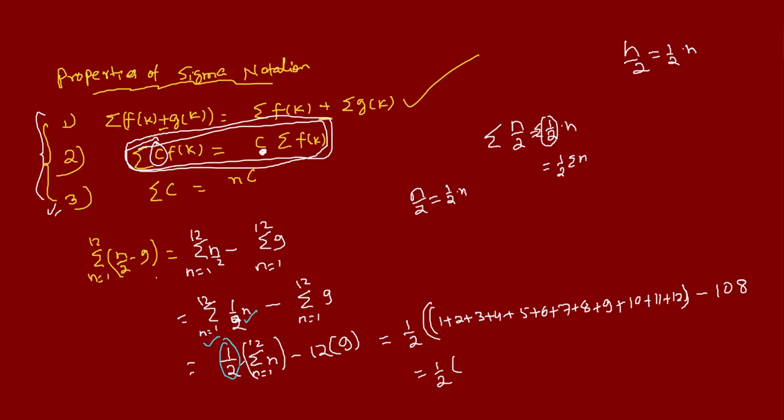You cannot put directly 6. First you will put 1, then plus 2, then plus 3, then plus 4 up to 12, okay? Because n is changing from 1 to 12. So you cannot put n is equal to 12 directly. Understood?